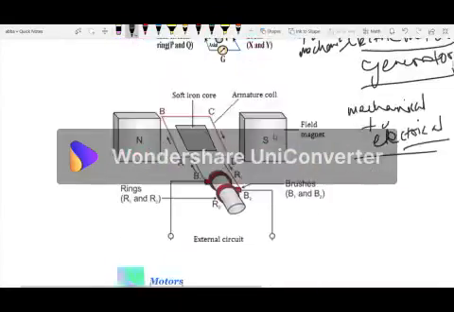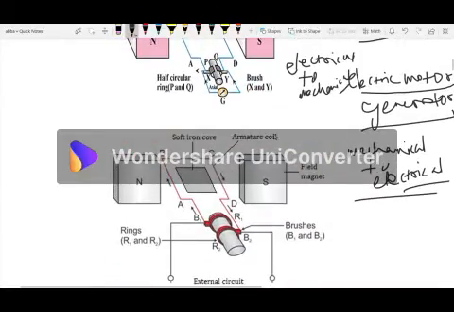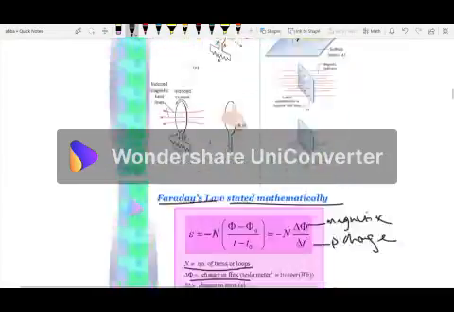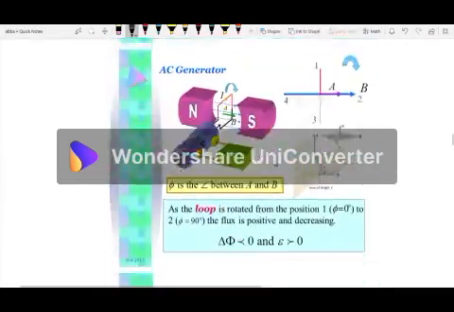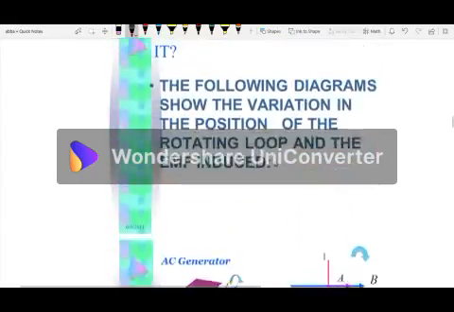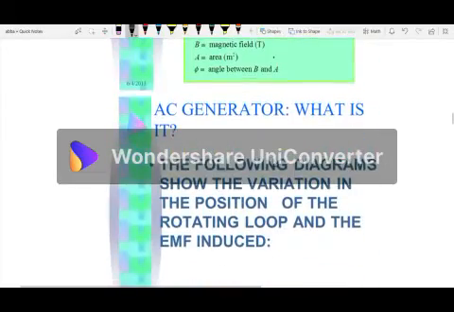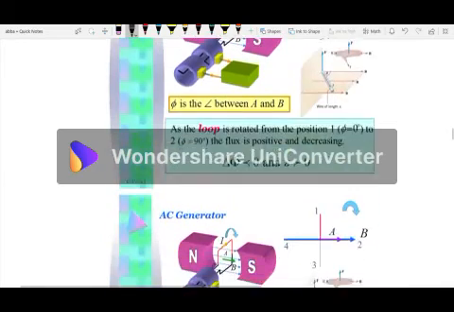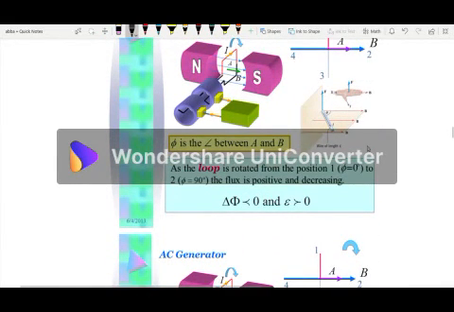So let me try to check something here. I think I have it somewhere here that is basically easy to, okay, here it is. So in grade 11 we also spoke about the right hand rule, the Fleming's right hand rule, right?